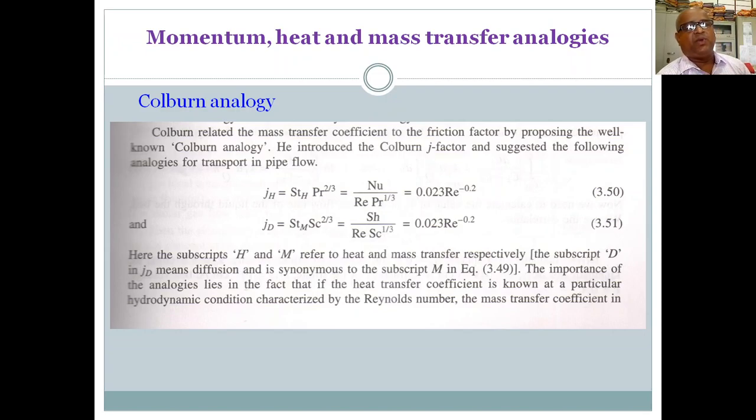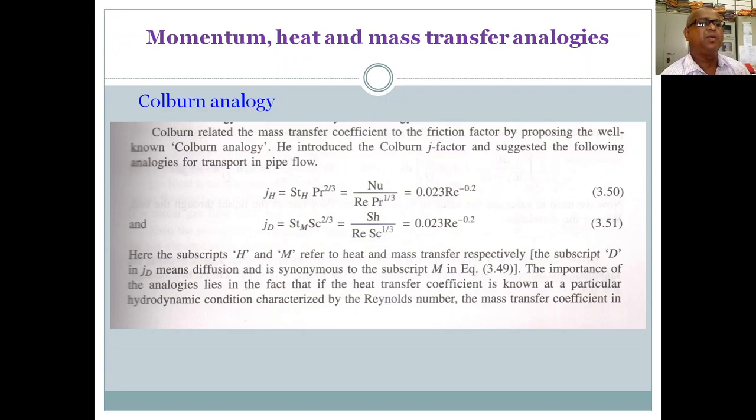But here it is interesting to know that if you can calculate the friction factor in fluid dynamics, then you can determine the heat transfer coefficient and mass transfer coefficient from the Reynolds analogy and Prandtl analogy. But the Colburn analogy relates to your Reynolds number, which is more reliable.